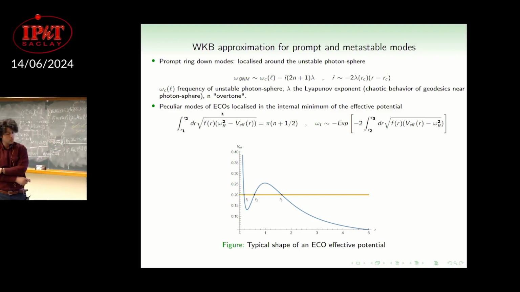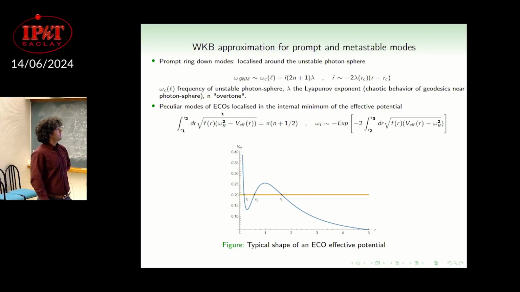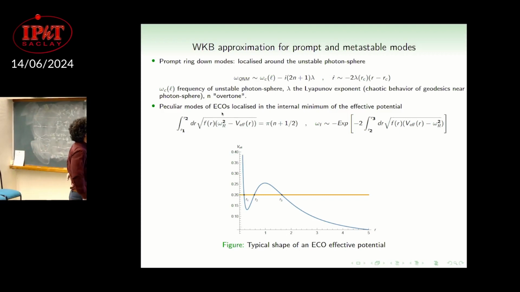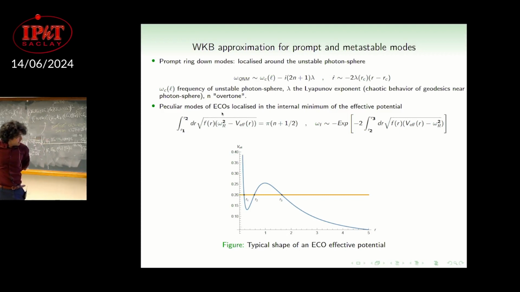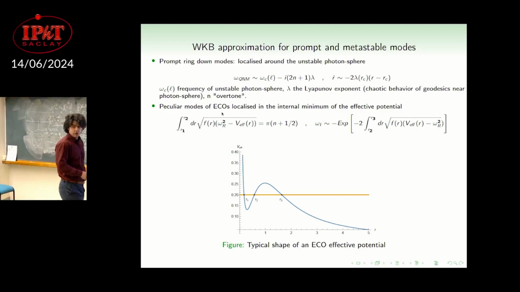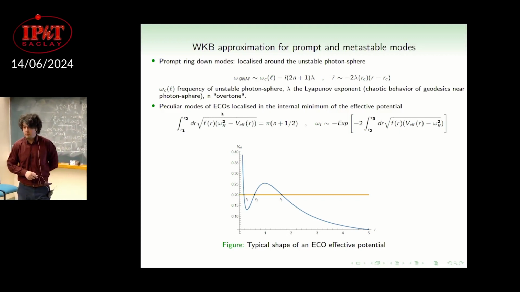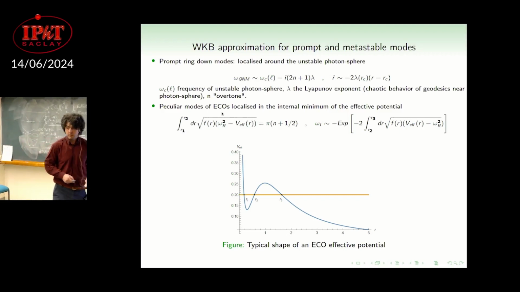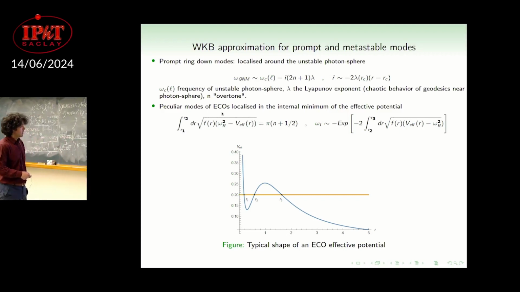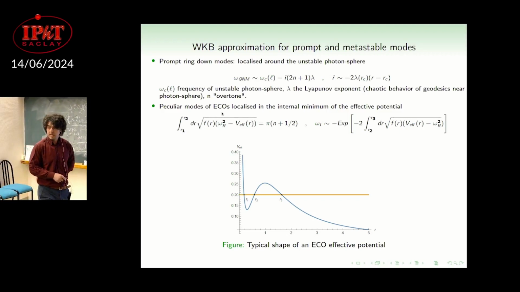Here I would like to show how it is possible to perform a WKB approximation. Actually, this is the typical shape of an exotic compact object effective potential. So you have an internal minimum and an external maximum in the effective potential, differently from a black hole, because the effective potential of a black hole has only the unstable photosphere.